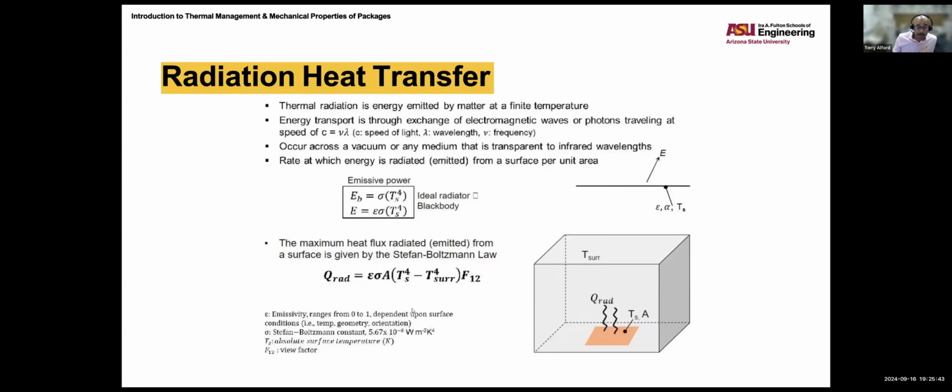In this particular case, 2, so it will be 1 over R1 plus 1 over R2. So the nice thing is that 1D conduction problems can basically be treated as a 1D electrical circuit problem.